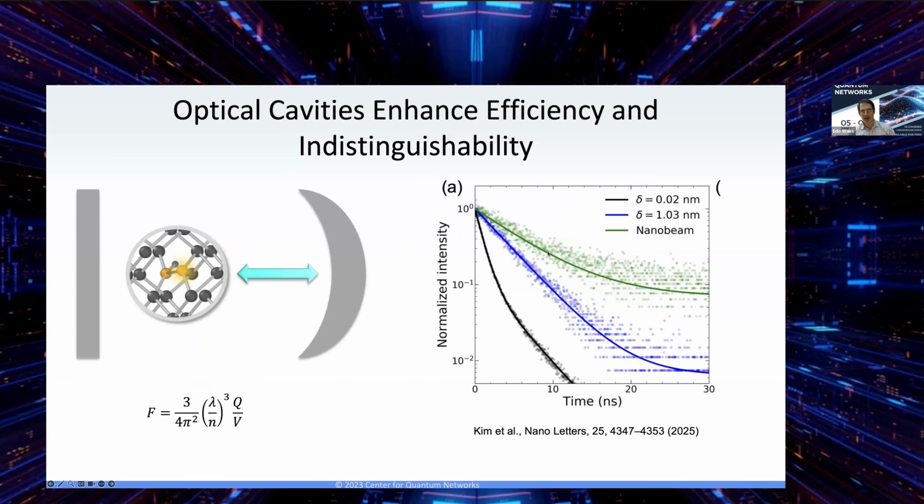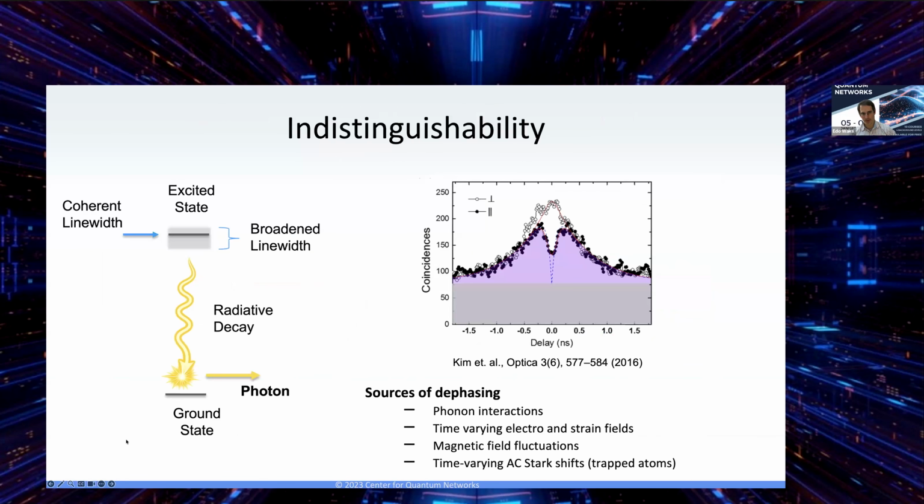And there is a way to do both of these at the same time, and that is by putting our emitter into an optical cavity and using something known as the Purcell effect. When you put an emitter into an optical cavity, you then enhance its radiative emission rate by something known as the Purcell effect. And the Purcell effect increases the efficiency by a ratio which is proportional to the quality factor of the cavity divided by its mode volume.